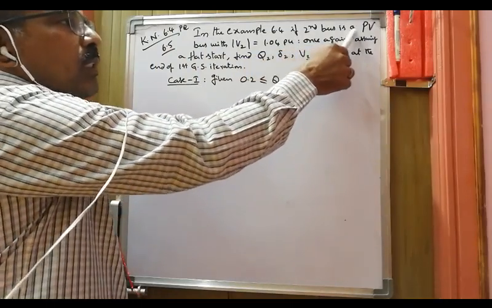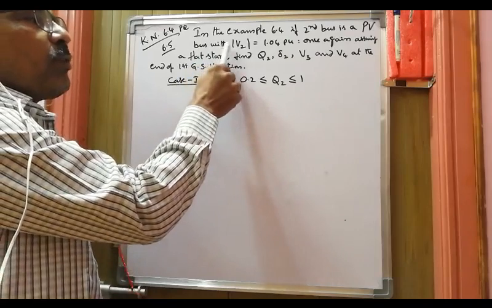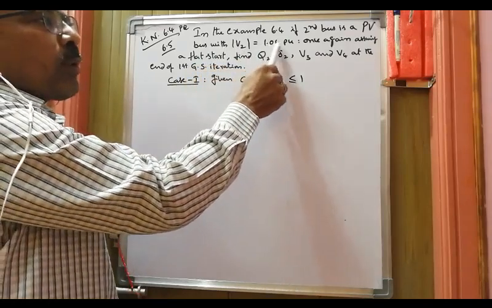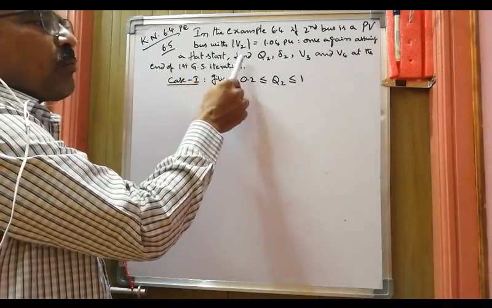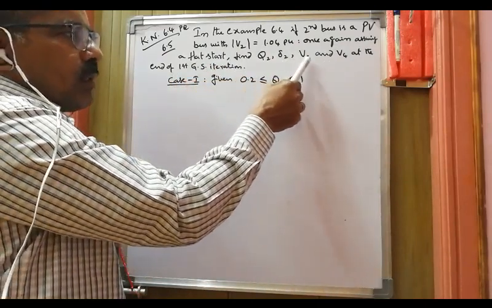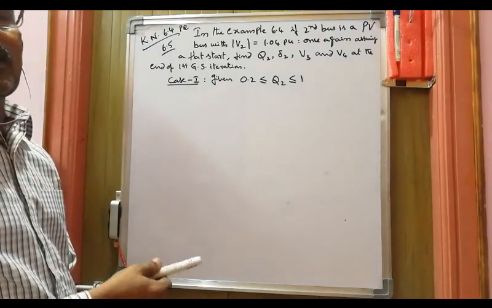If the second bus is given as a PV bus with magnitude of V2 which is 1.04, once again assuming flat start, find Q2, delta 2, V3 and V4 at the end of first Gauss Seidel iteration.